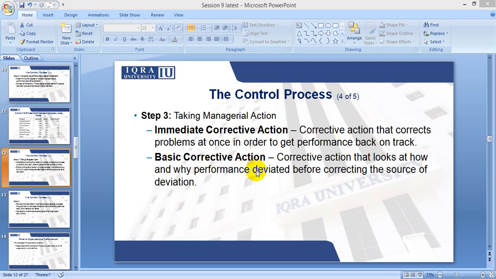For example, if a product is unable to be sold in the market, maybe the marketing department did not market that product well. But to get into the detail that the marketing department was not performing well, we have to take basic corrective action. You have to check all of the departments, everything. You have to see from the beginning where the problem occurs. So it's the basic corrective action process.